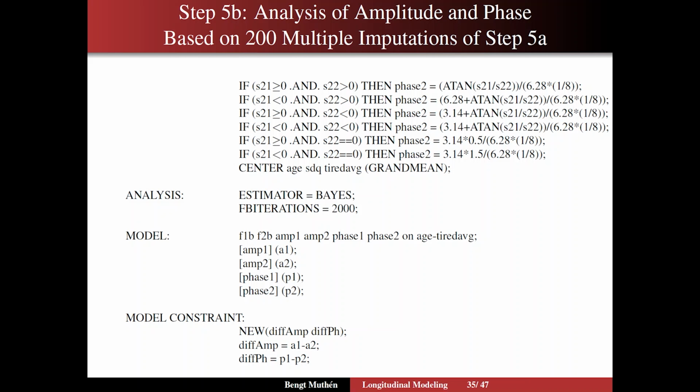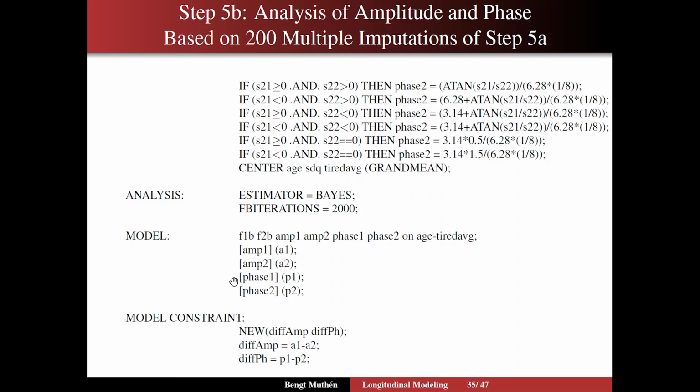But there's not a significant difference with respect to age for the high arousal factor, AMP2. So that's a substantive finding that substantive experts can ponder and interpret. Both amplitude 1 and 2 are also positively influenced, significantly so, by the average tiredness.